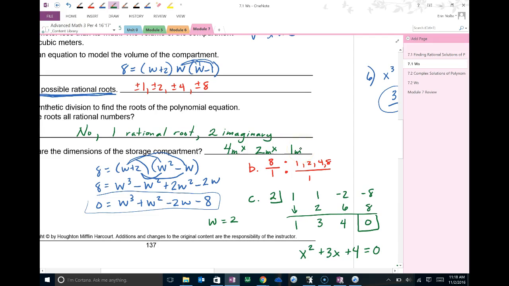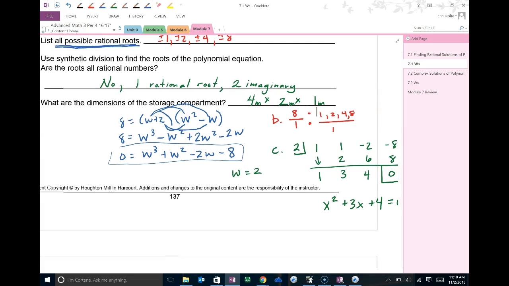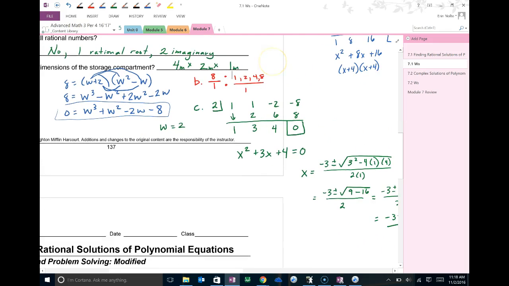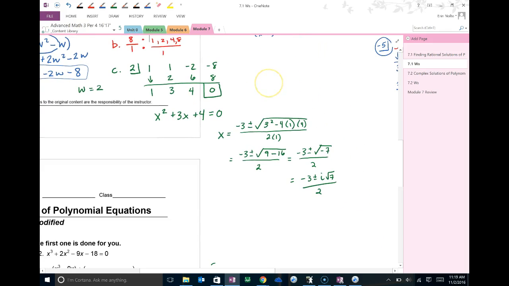Yeah, it seems pretty big. Maybe that's somebody's bed. Okay, so does this idea of being able to solve all polynomials, including non-rational numbers, make sense?